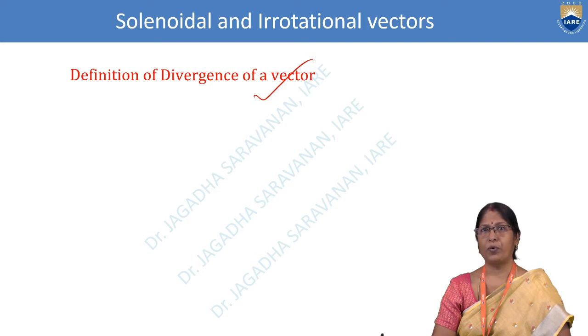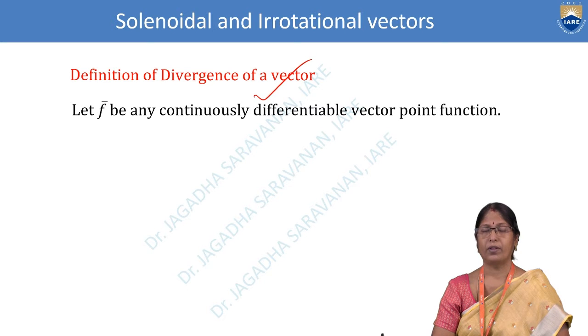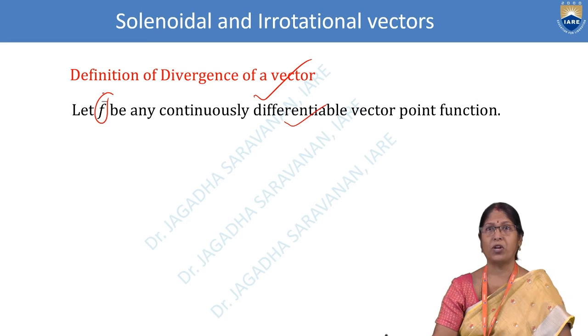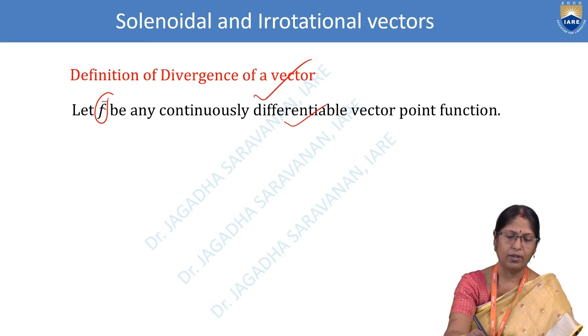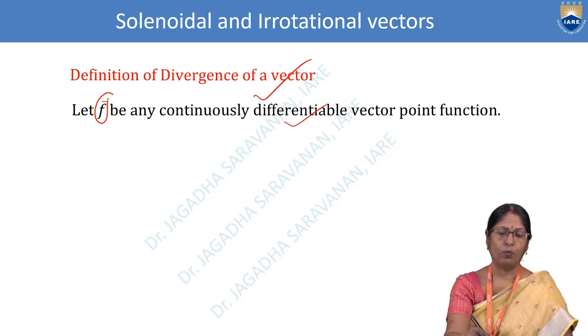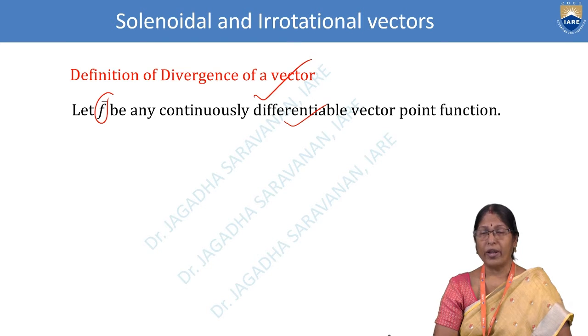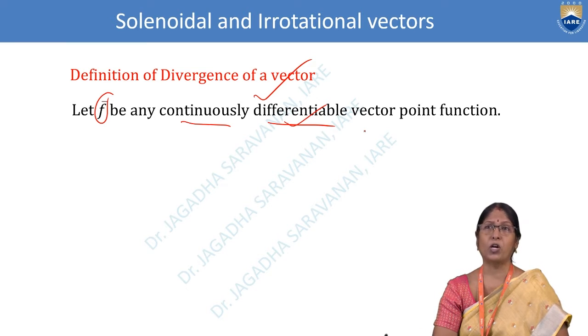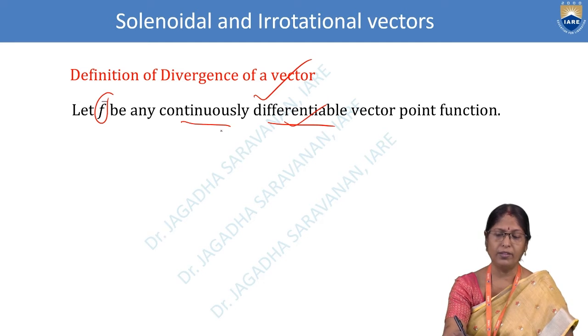Here, first we are going to discuss the definition of divergence of a vector. That is, vector f. The vector f is a continuous and differentiable vector point function.